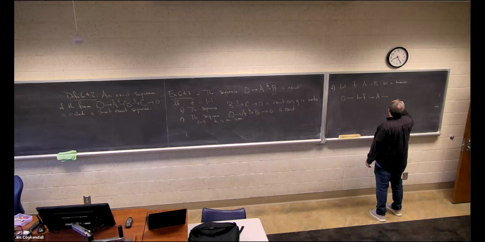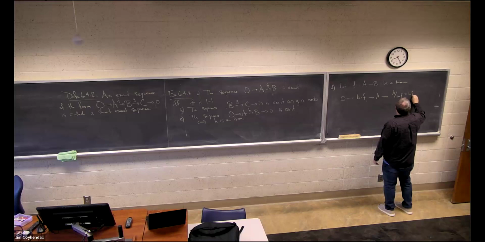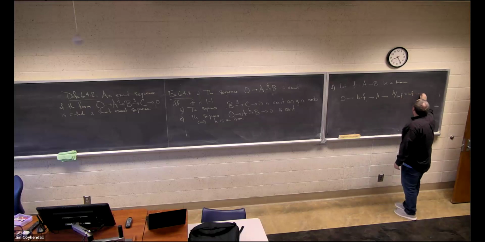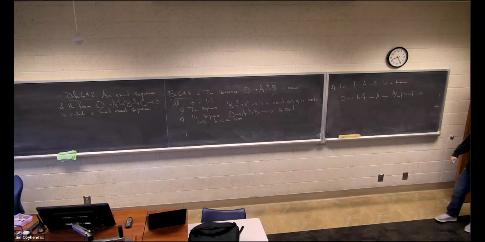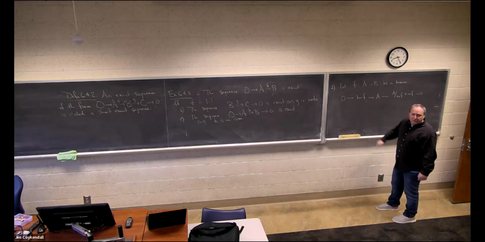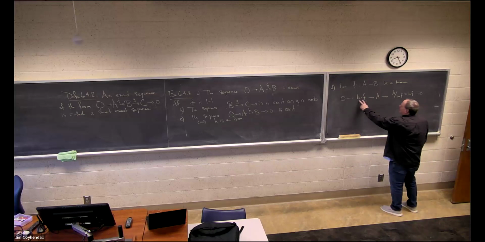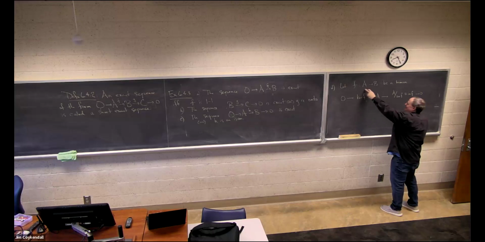So if I just give you any homomorphism in the world that I want, this is a short exact sequence, right? Because this is 1 to 1, because the kernel is a submodule of A, right?